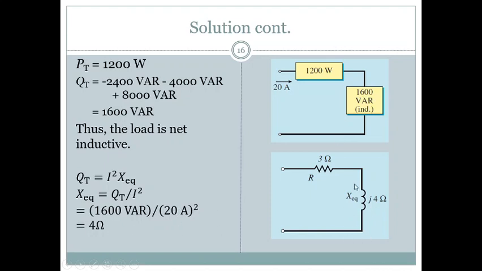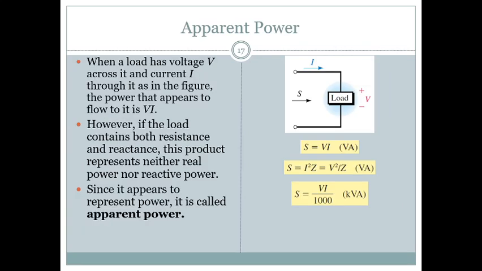So we get 24 ohms as the equivalent inductor that consumes 1600 VAR. I used the word consumes because it actually needs to be generated, but it can't be converted into any other energy type.